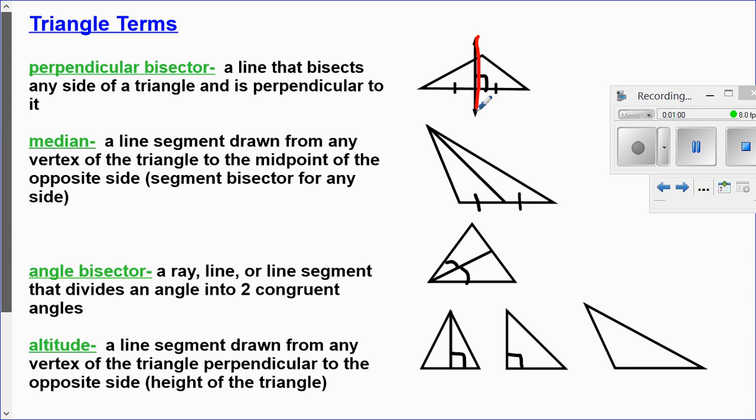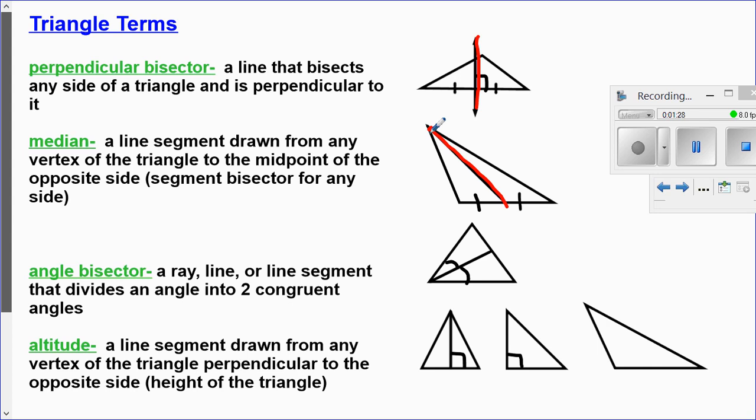Next, median. Median is what it sounds like. Median sounds like middle. It is a line segment drawn from any vertex of the triangle to the midpoint of the opposite side. So this segment is the median because it's going from a vertex. Now notice the median has to start at a vertex, a little different than the perpendicular bisector, which did not start at a vertex.